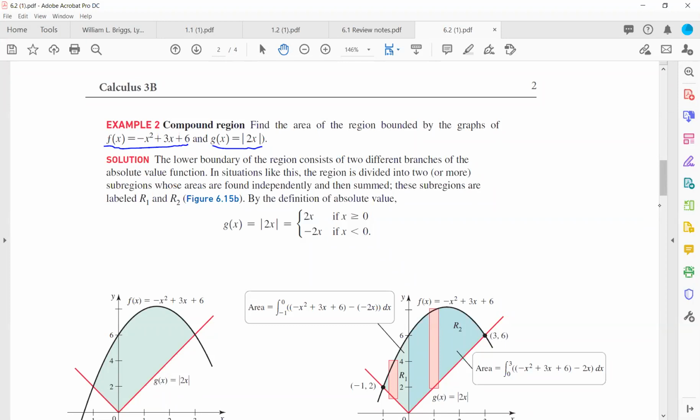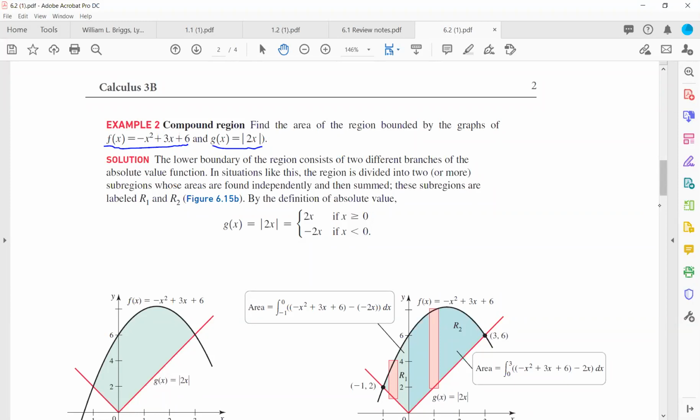The first one is easy. It's just a quadratic function. It's not very hard to visualize this quadratic function. And since the leading coefficient is negative, you know that it's a concave graph. It opens downward.